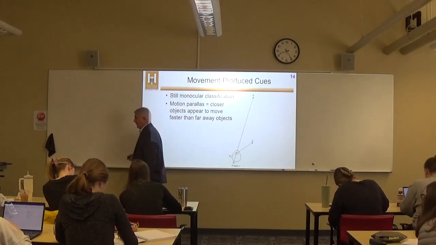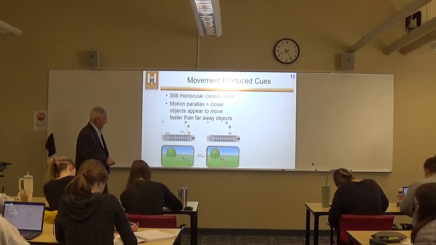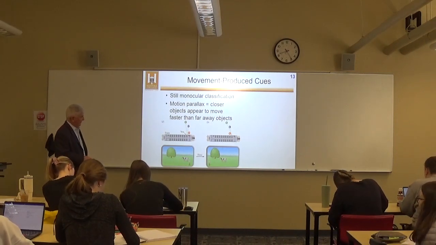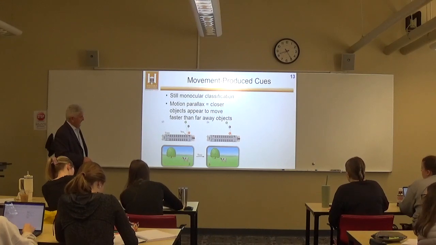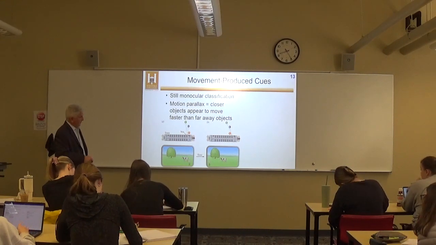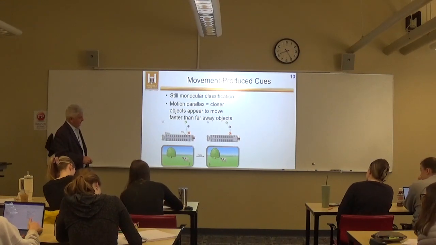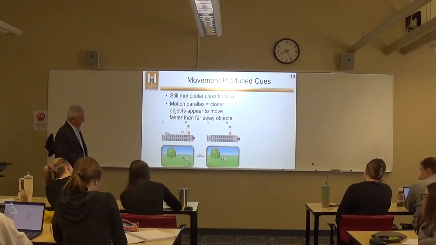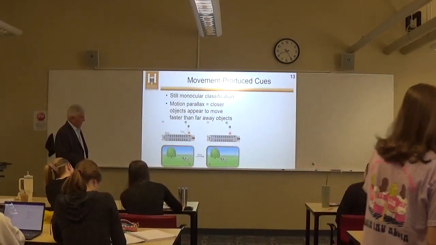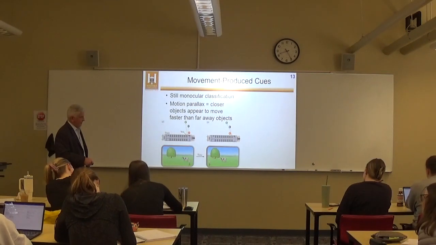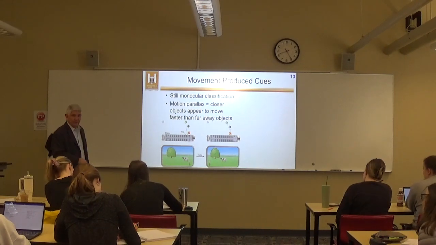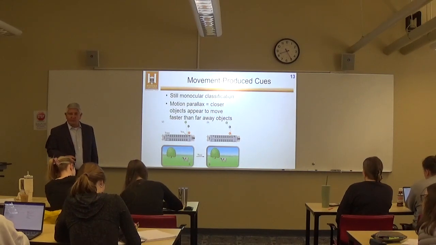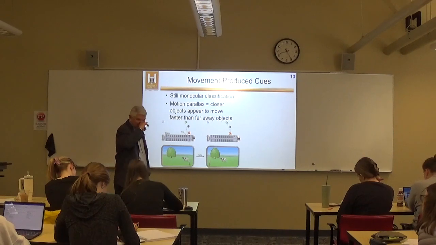And this is simply because if you're in this train, and this is what you see, and then 2 seconds later, this is what you see, the flower has moved further in the same time as the cow, which hasn't moved very far at all, or the tree. Right? So how do we measure speed?